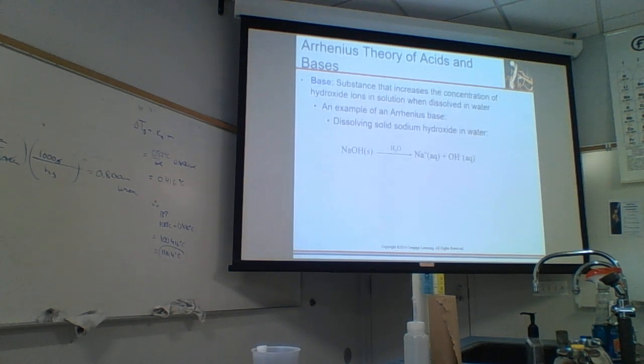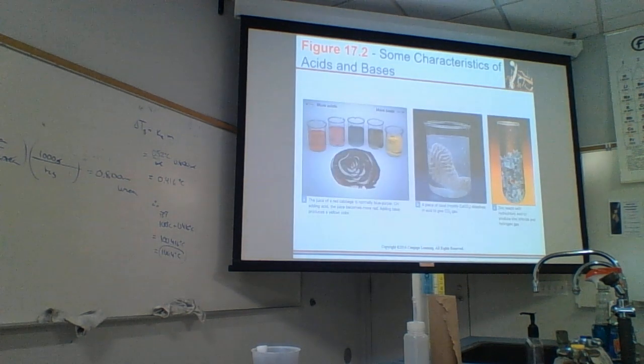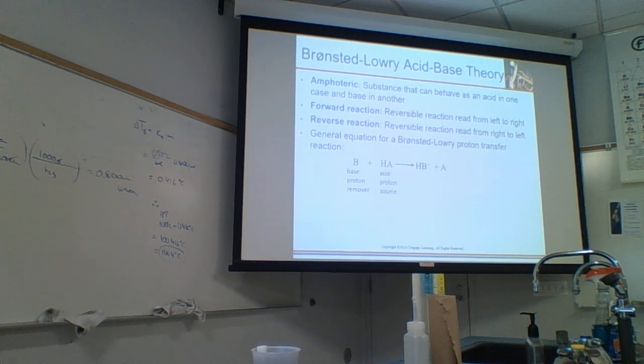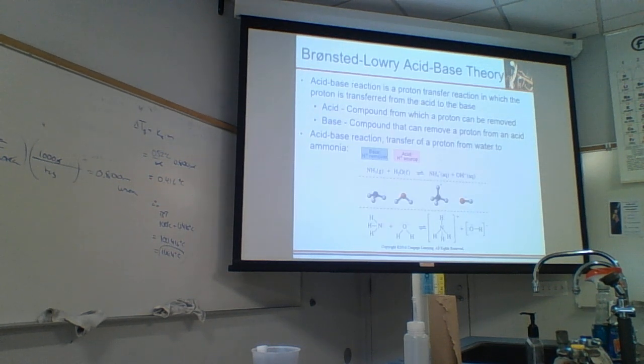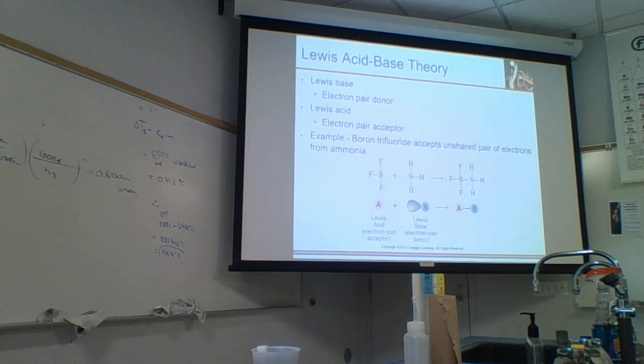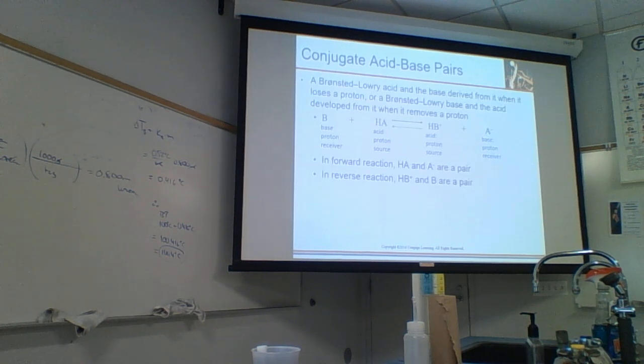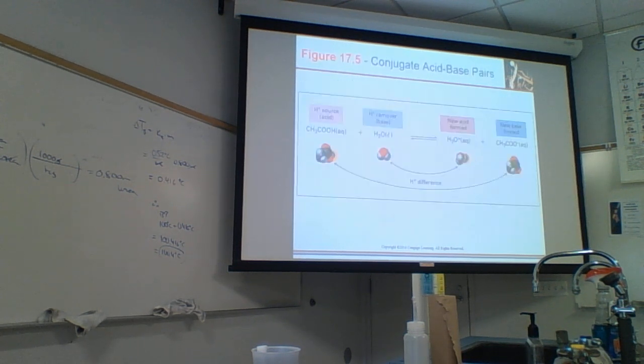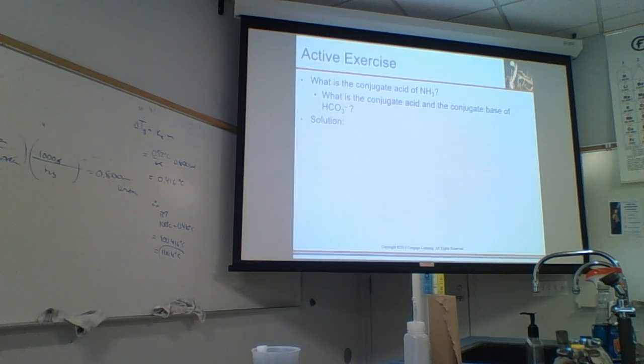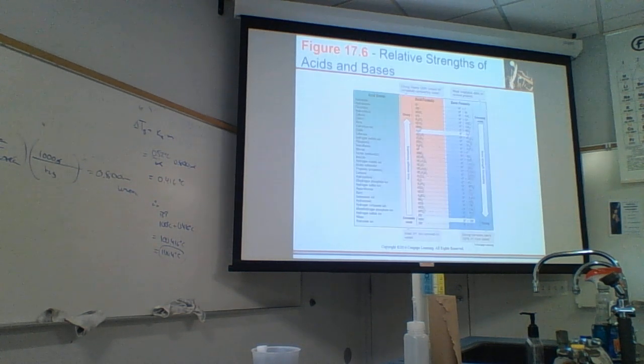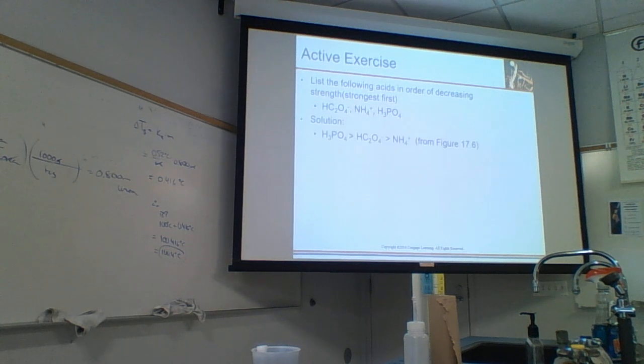Chapter 17 starts off talking about acids and bases. And then they talk about Bronsted acids and bases, Lewis acids and bases, the conjugates, and predicting acid-base reactions, acid-base strength.